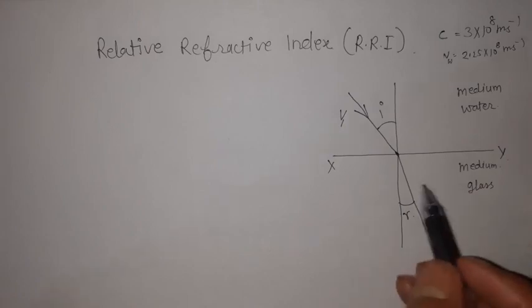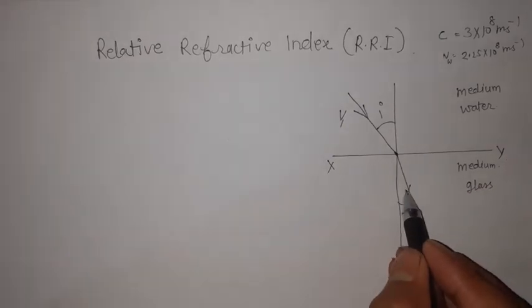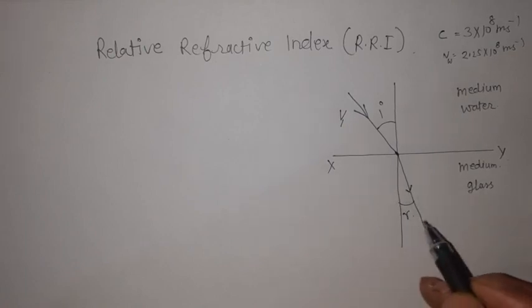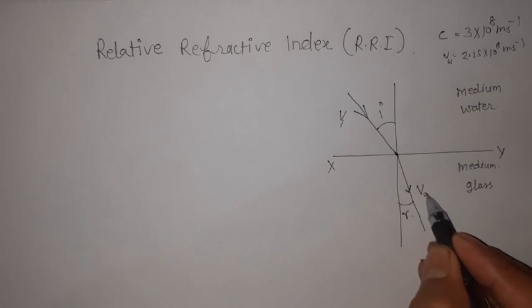When it goes into another medium, its speed changes. So let this speed now be v2.